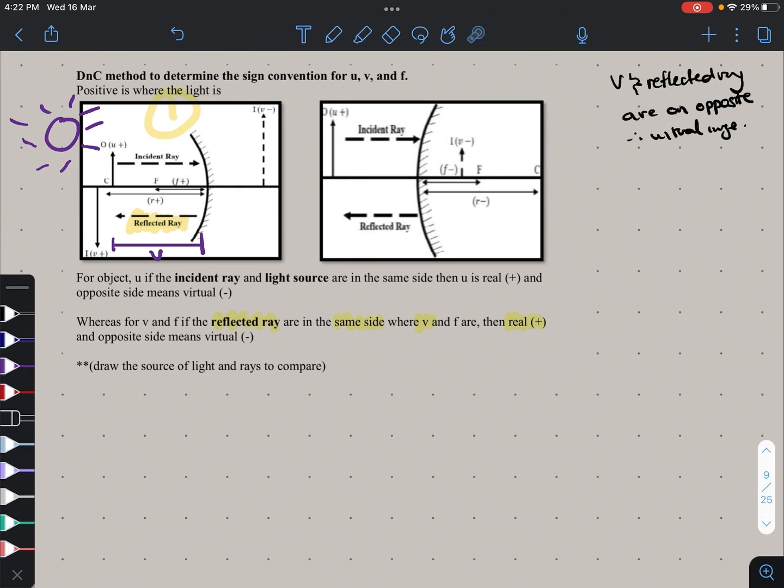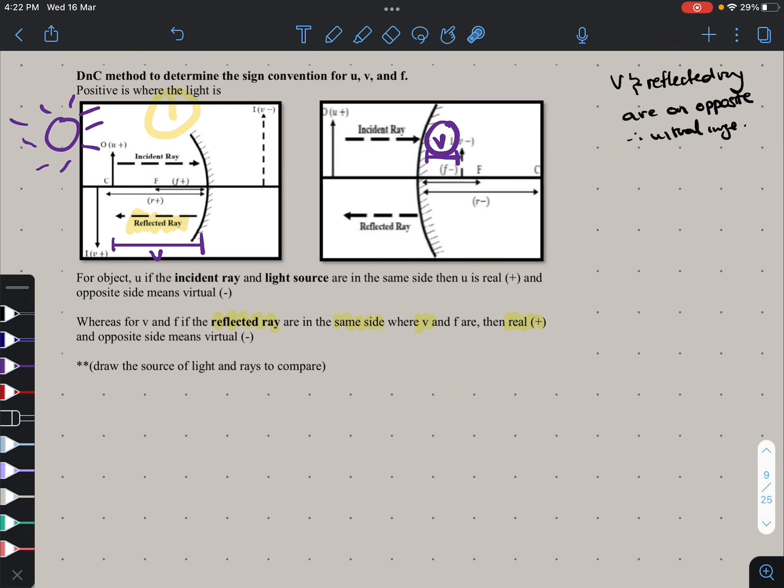However, bila kita ada objek, kita ada mirror, incident ray datang, and then dia akan reflected kembali dari arah yang sama, you're going to form your image. Image yang kita ada berada pada jarak V daripada mirror. This V here now is in the opposite side as your reflected ray. Ini depan cermin, ini belakang cermin. So dia opposite side of the reflected ray.